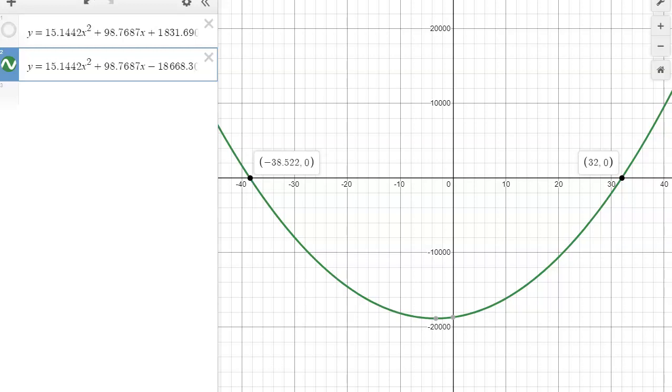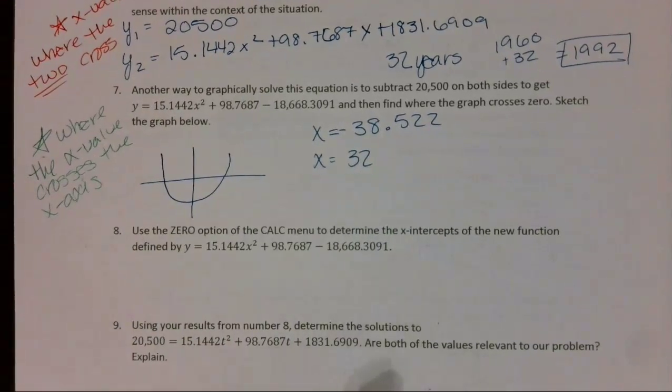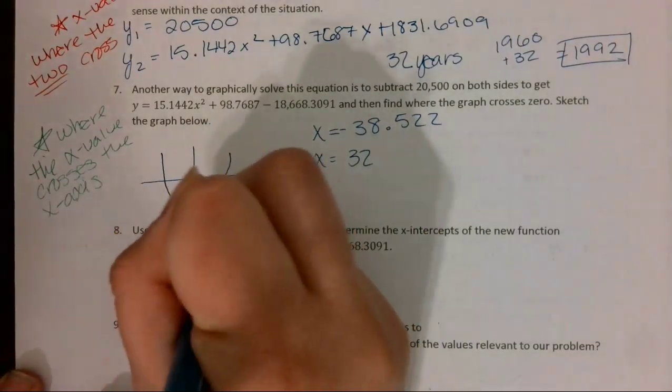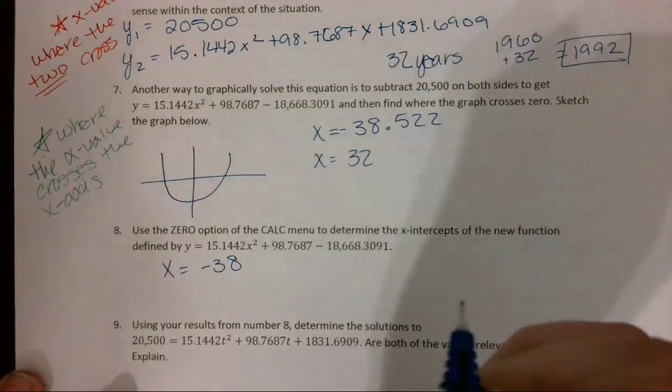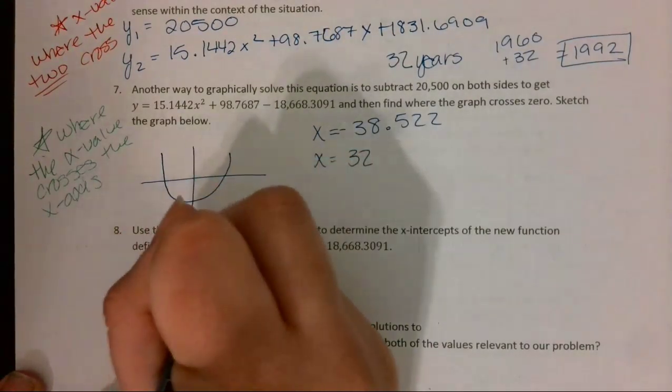So go back to my paper. That's weird. Number 7 kind of asks the same thing as number 8. So it just wants the x-intercepts. So I'm going to have x equals negative 38.522 and x equals 32.